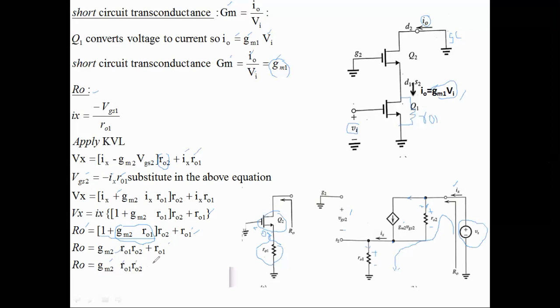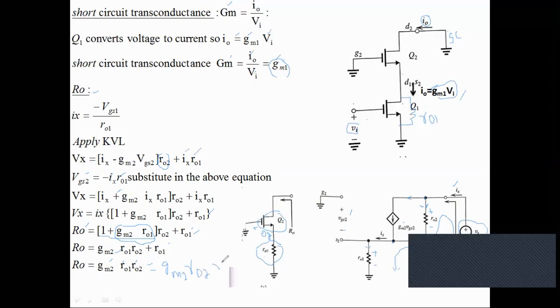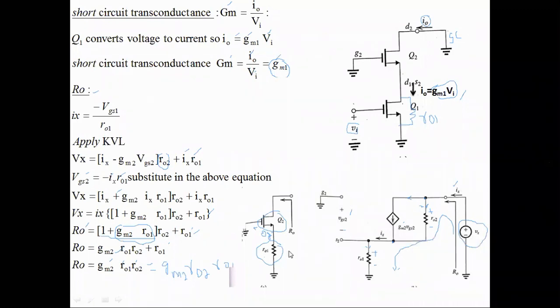Another way to write this is gm2 R02 times R01, where gm2 R02 is the intrinsic gain of Q2 times the output resistance of Q1. That is the output resistance of this cascode connection.